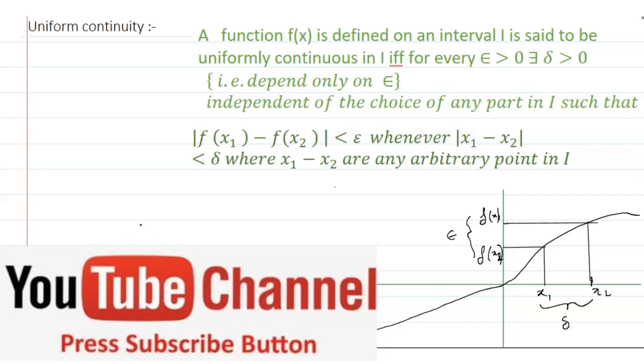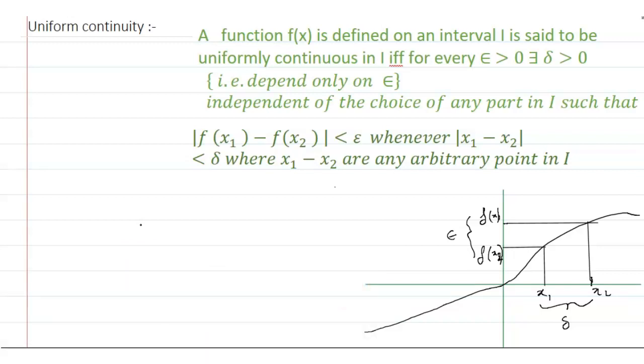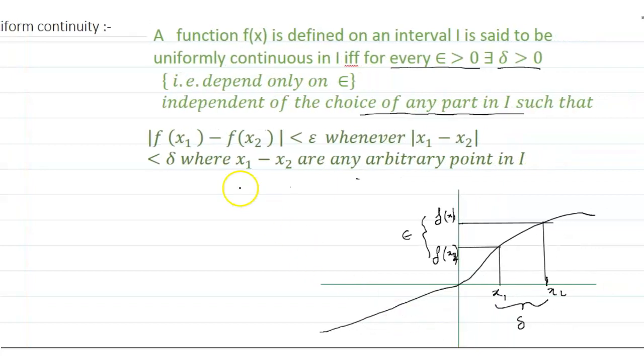A function f(x) defined on an interval I is said to be uniformly continuous in I if and only if for every epsilon greater than 0, there exists a delta greater than 0, independent of the choice of any point in I, I means interval, such that |f(x1) - f(x2)| < epsilon whenever |x1 - x2| < delta, where x1 and x2 are any arbitrary points in I.